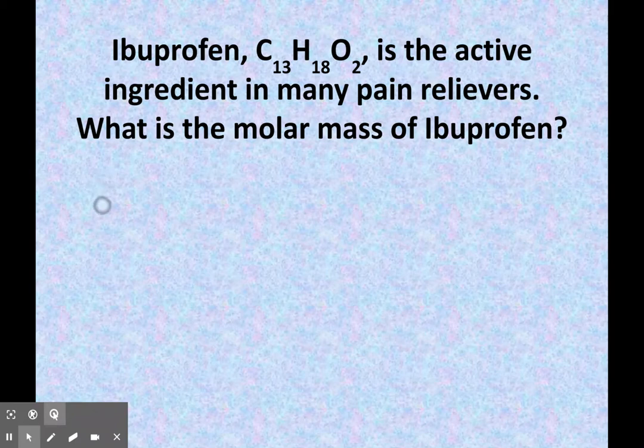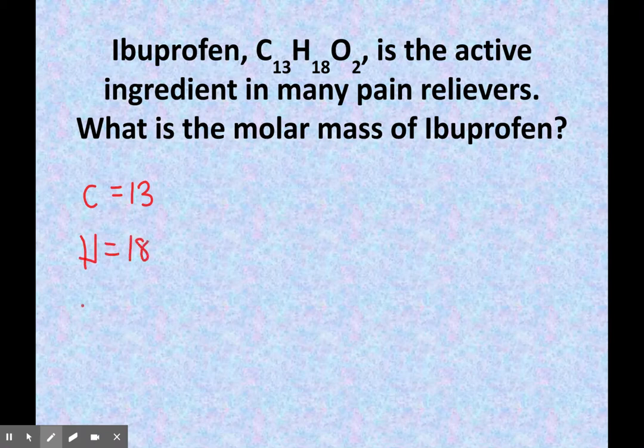So we've got carbon, C, and we've got 13 of those. H, we have 18, and O, we have 2. If you use your periodic table, it's going to tell you that the mass of carbon is 12, the mass of hydrogen is 1, and the mass of oxygen is 16.